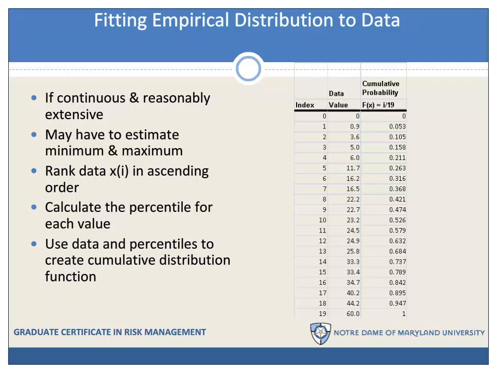In the third column, the cumulative probability, think of those as basically percentiles. It's an easy thing to create the percentile using that index value in the first column. So if you have some data, and if you rank them from smallest to largest, if you number them, then it's easy to calculate a cumulative probability.